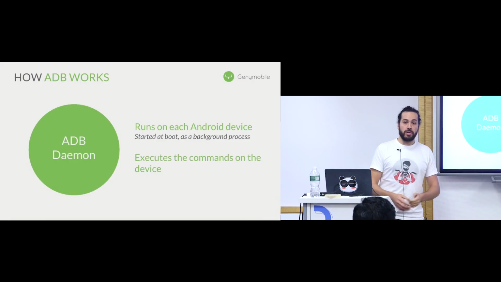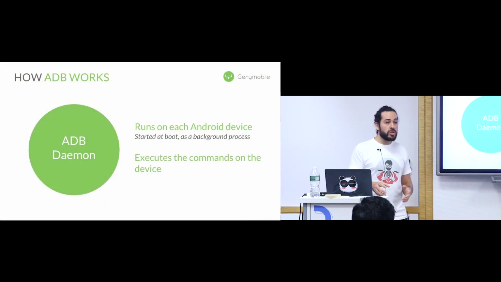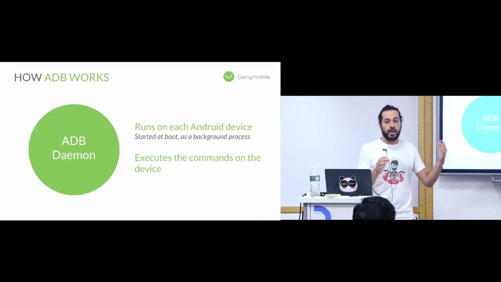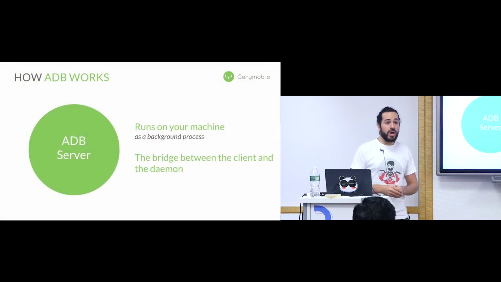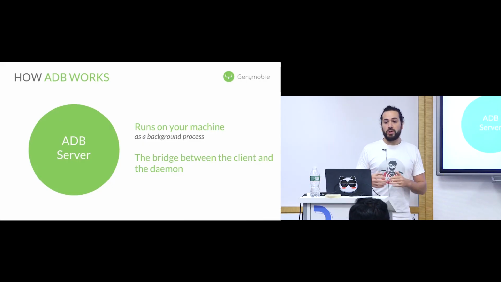The daemon is a background process running on each Android device, and it will execute the ADB orders coming from outside directly on the device. And then you have the server. This server is still running on your machine, and that's the real bridge of ADB.